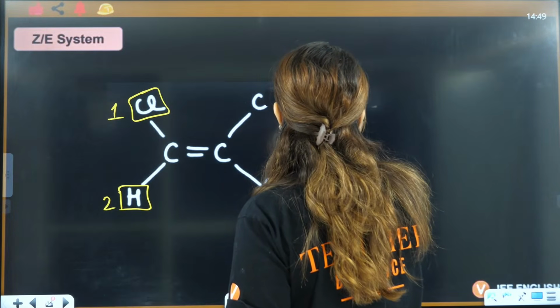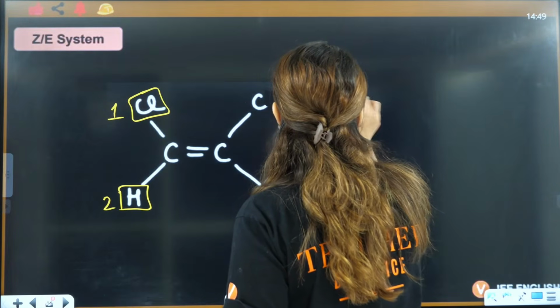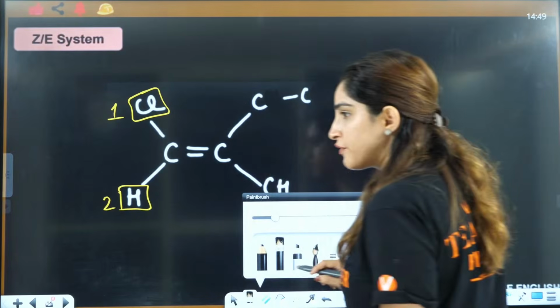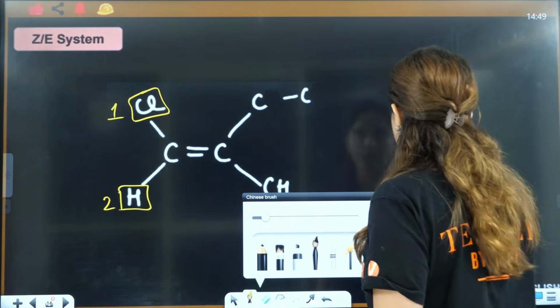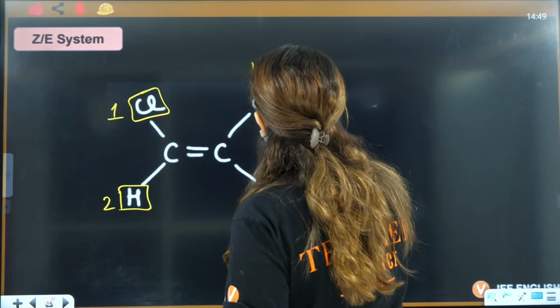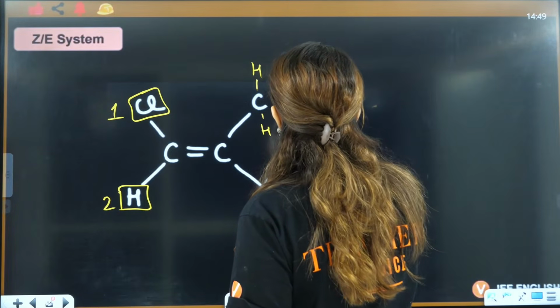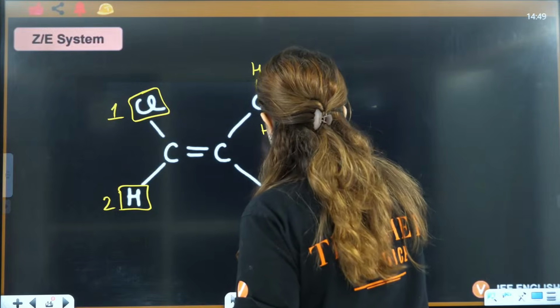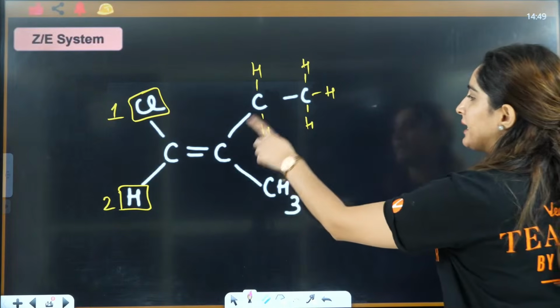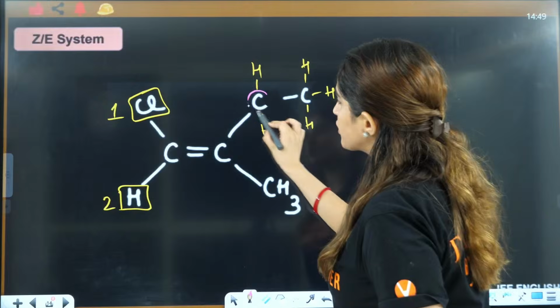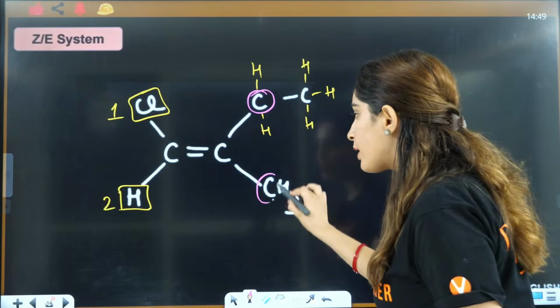I'll tell you why we are writing it like this. So if you see this here, this will be H, H, H, H and H. But what you're meeting here for the first time, you're meeting just carbon here. Here also you're meeting just carbon.